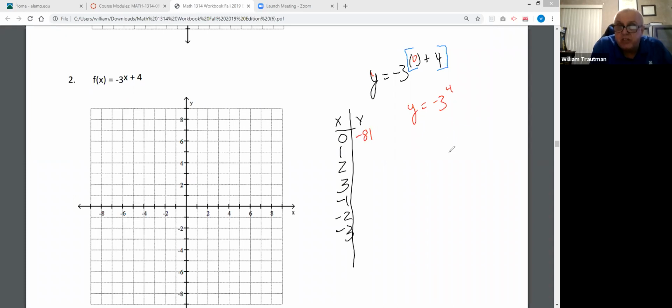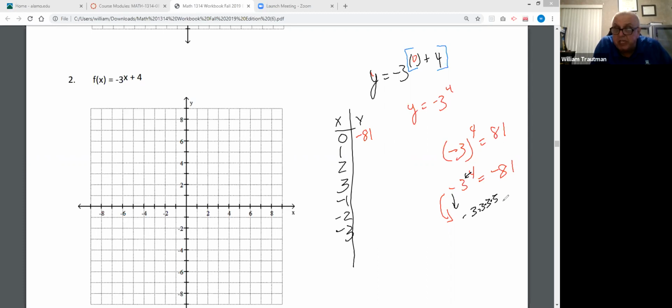I want to show you the difference between -3 to the 4th power and (-3) to the 4th power. I'd like you to try both of these on your calculator. This one we just did, you should get -81. But if you put parentheses around it, you get a +81. The reason why is this power is only attached to one item. This 4 attaches to the 3. So you're taking 3 and multiplying it by itself 4 times.